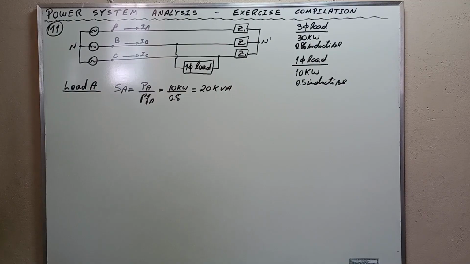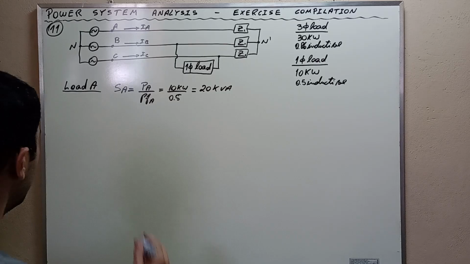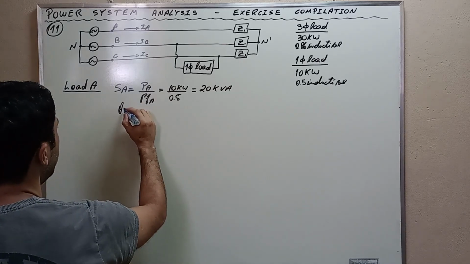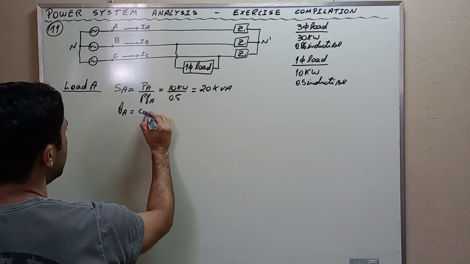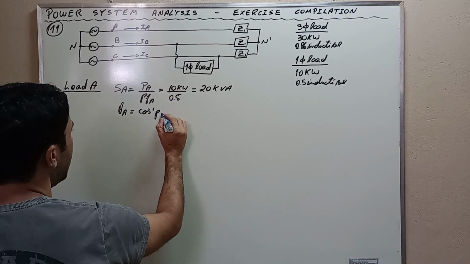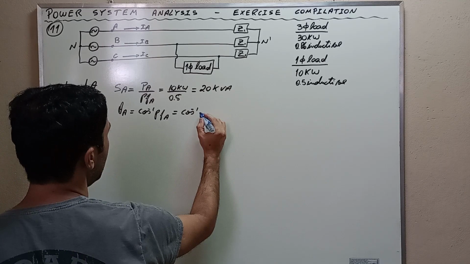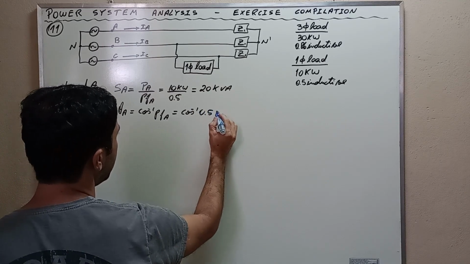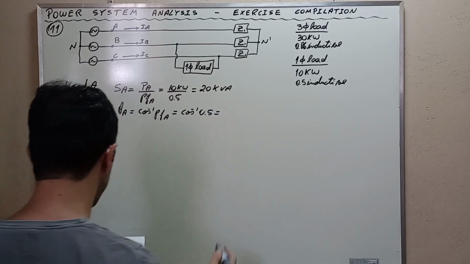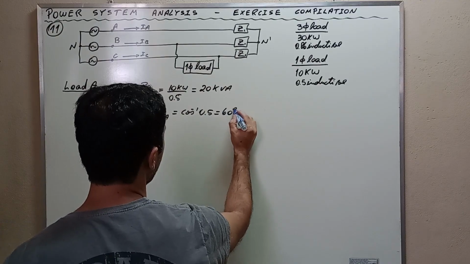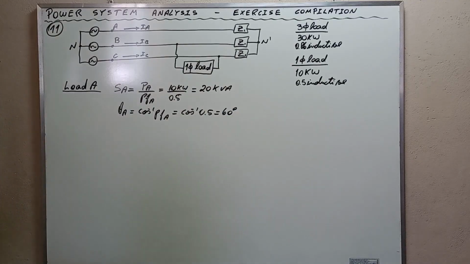Now that we have the apparent power, we need to work on the angle. The angle theta A is equal to the inverse cosine of the power factor A, which is equal to the inverse cosine of 0.5, and this is equal to 60 degrees. Okay, with these values we can compose the complex power.